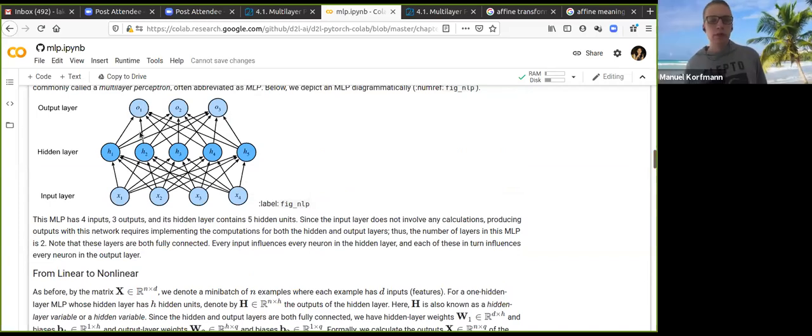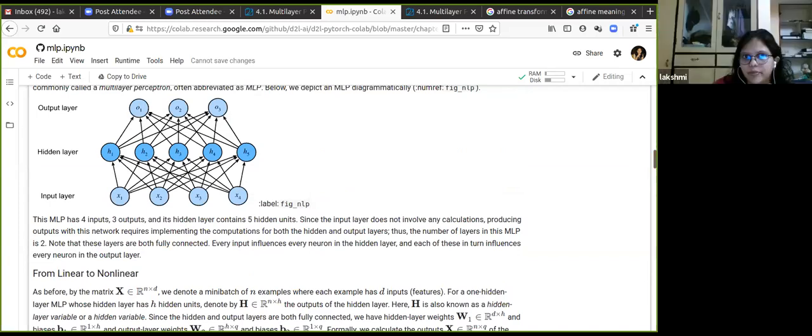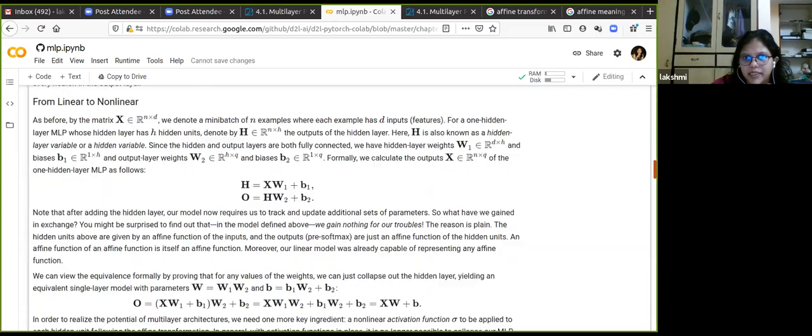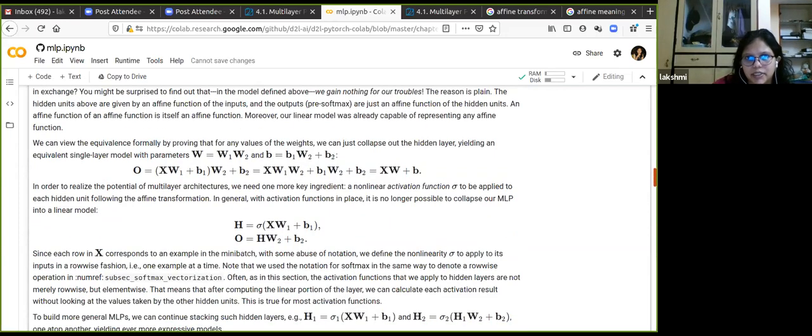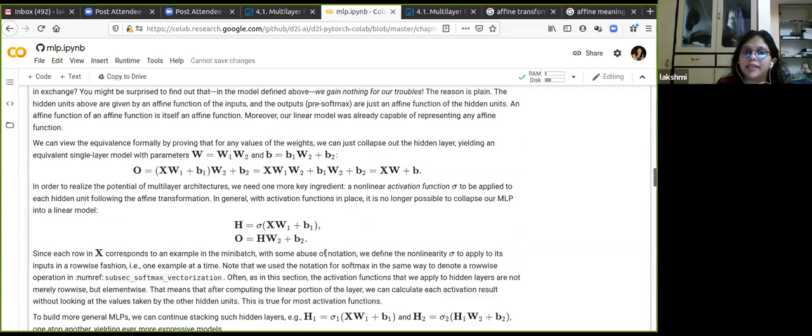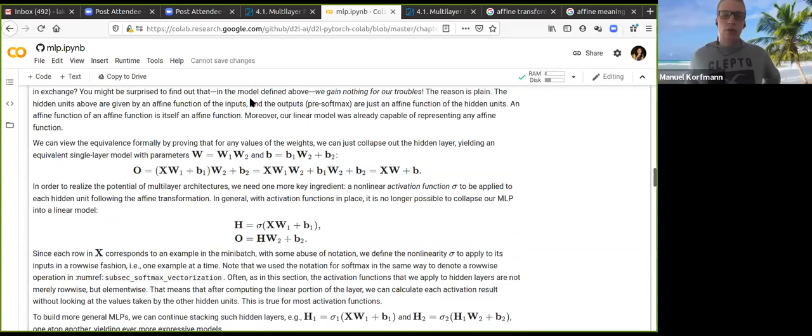And for bias, it should be B1 plus B2, but they have represented it as B1 W2 plus B2. I think it's because the final bias will have an effect of the hidden layer. Okay.